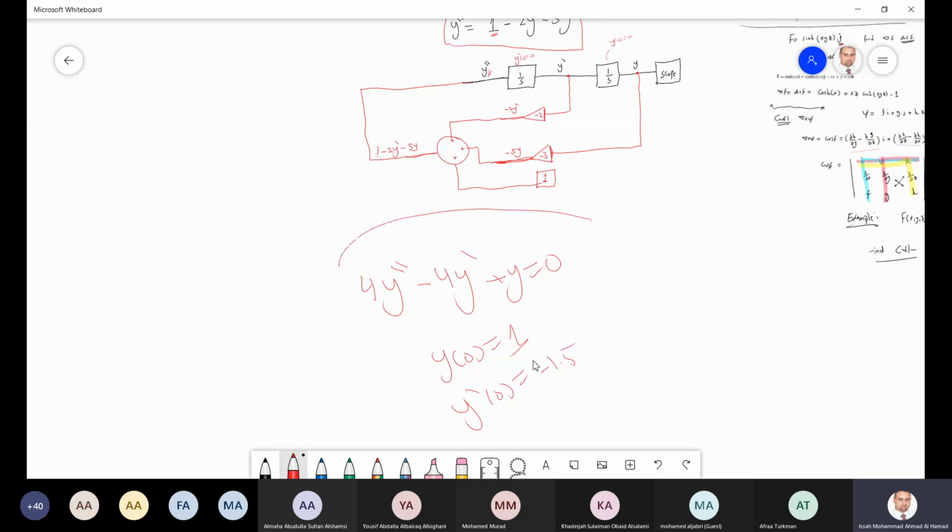So can you solve this differential equation or initial value problem using Simulink? I will give you like 5 minutes. Then we will do it, and I will do it on the Simulink. I'll switch off my microphone for 5 minutes, okay?